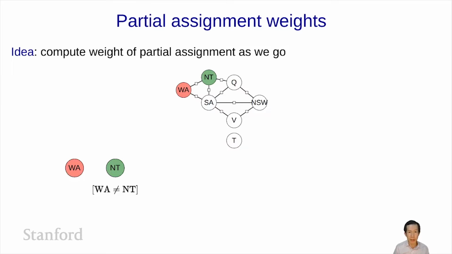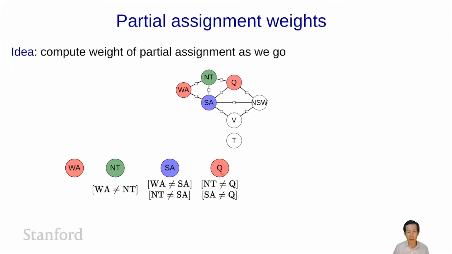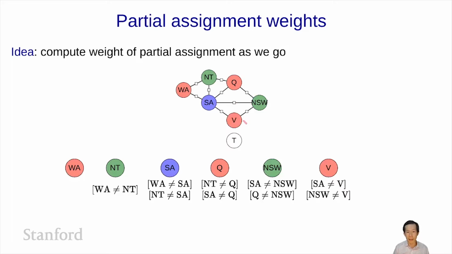Now we recurse and assign SA a value, and now we can evaluate the factors WA not equal to SA and NT not equal to SA. We assign Q, and we can evaluate these two factors. Assign NSW, and we can evaluate these two factors. Assign V, and we can now evaluate these two factors, and these are all the factors in the CSP.